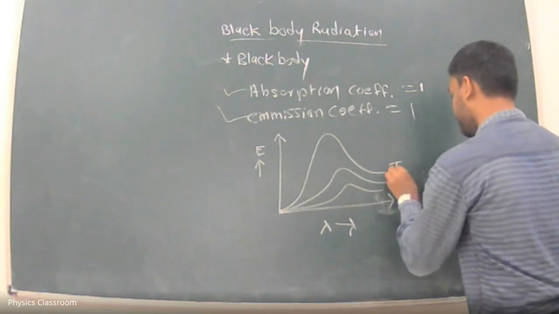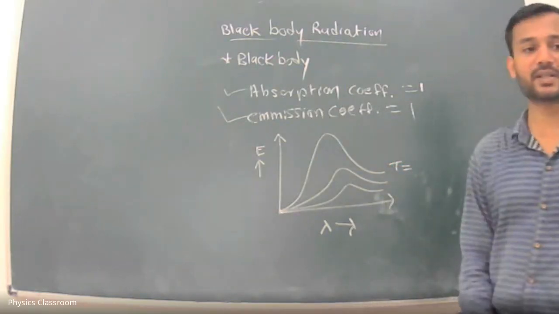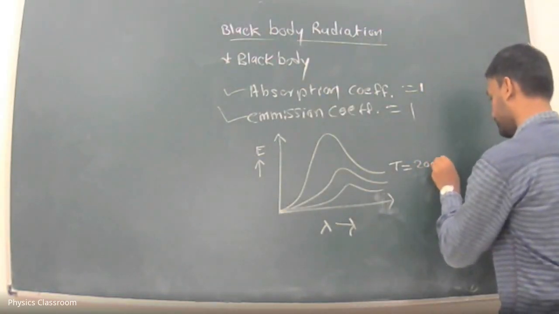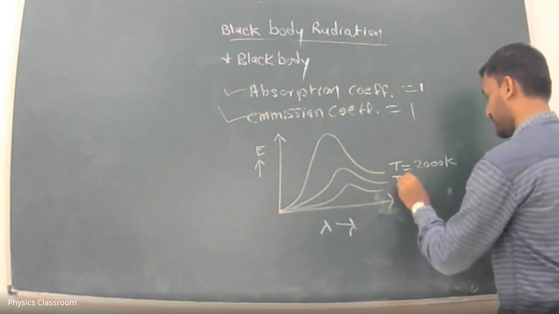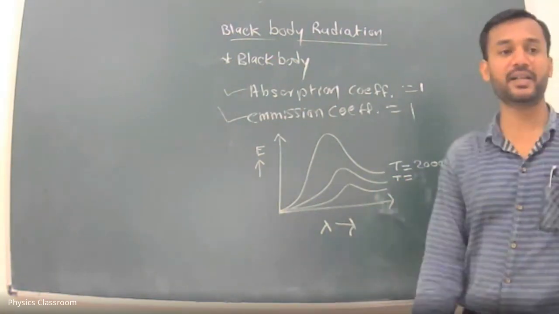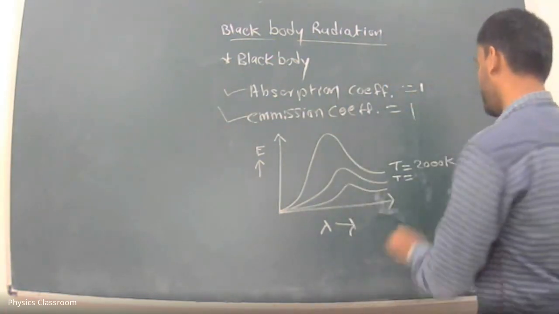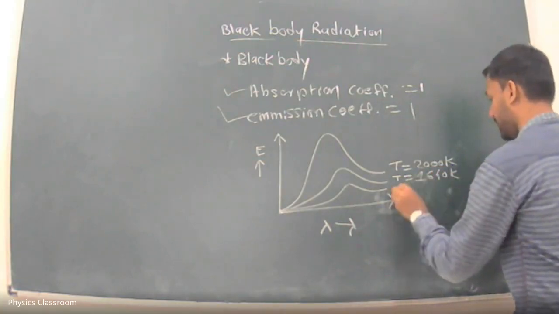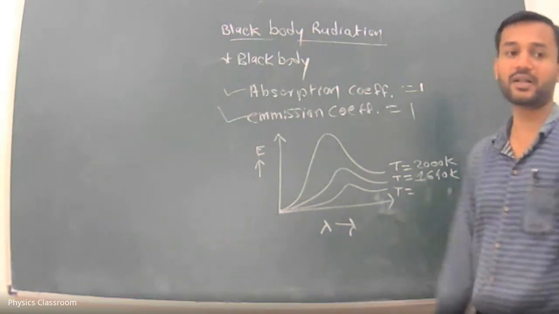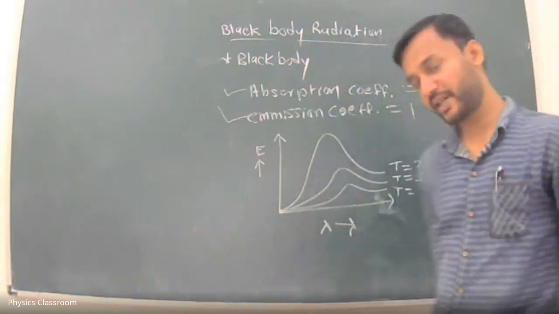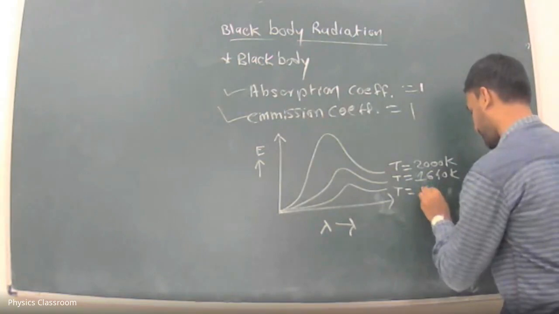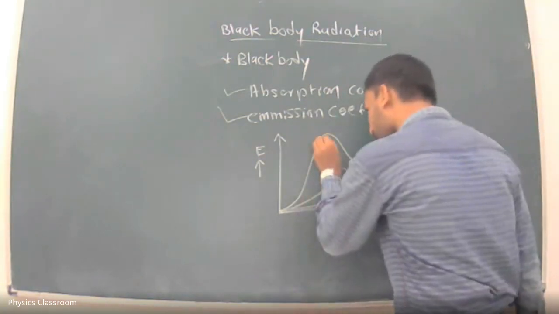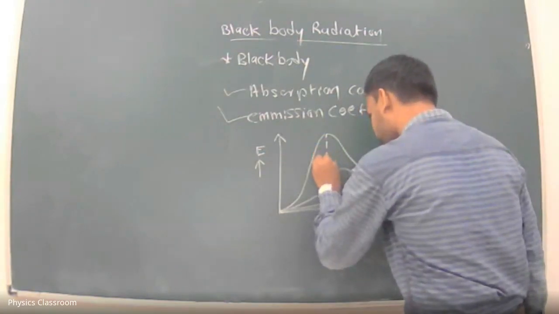Suppose first T is equal to 2000 Kelvin, second T is equal to 1640 Kelvin, and third T is equal to 500 Kelvin, and it is its maximum.